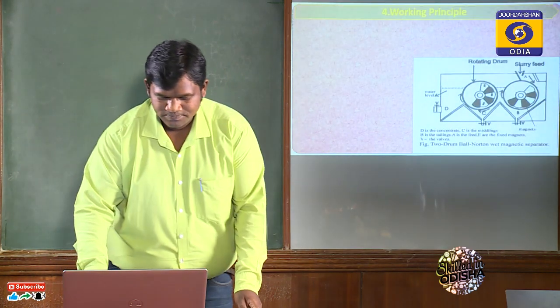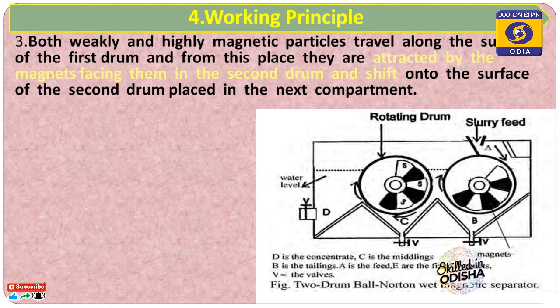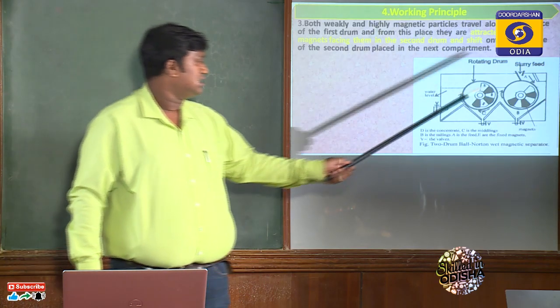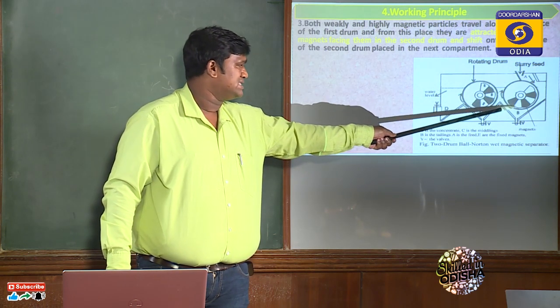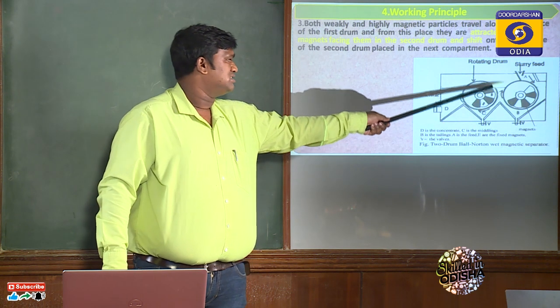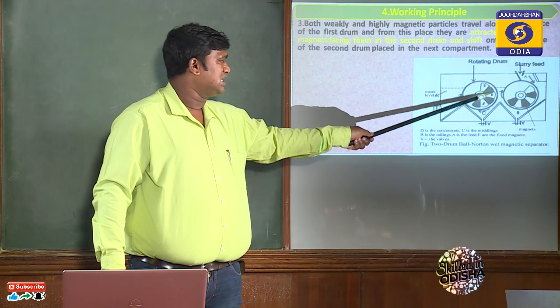Next, both weakly and highly magnetic particles travel along the surface of the first drum, and from this place they are attracted by the magnet facing them in the second drum and shifted onto the surface of the second drum placed in the next compartment. So whatever highly and weakly magnetic particles are stuck here can be shifted to the second compartment.